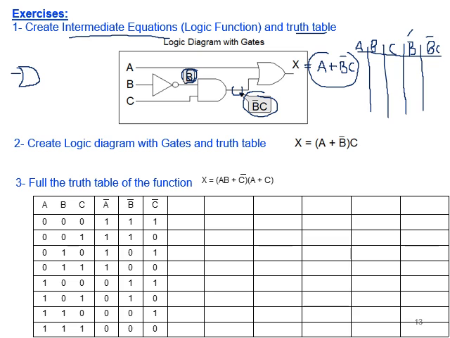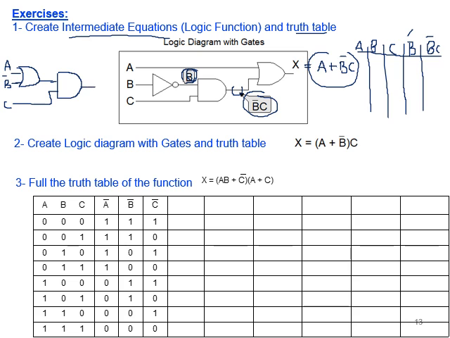This is A, B dash, as you can see here, and the output with C represents the output of the AND gate.